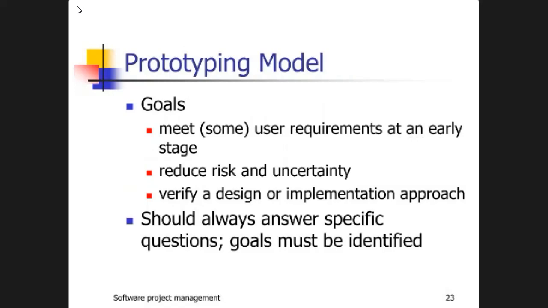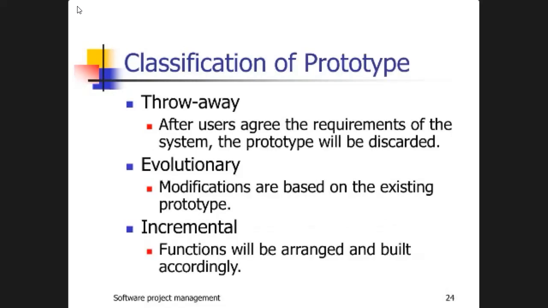Here is the prototyping model. The goal is to meet user requirements at an early stage, reduce risk and uncertainty, verify a design or implementation approach. It should always answer specific questions, and the goal must be identified. Classification of prototype: throw away, after users agree the requirement of the system, the prototype will be discarded.